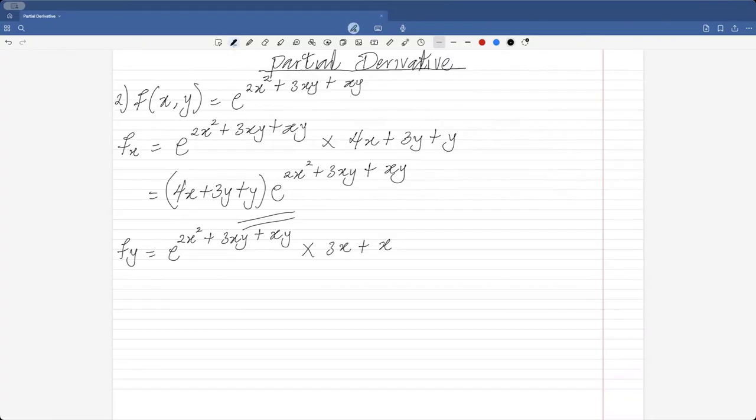In this case, 3x plus x, we have 4x. E to the power of 2x to the power of 2 plus 3xy plus xy. And that's the final answer for this problem.